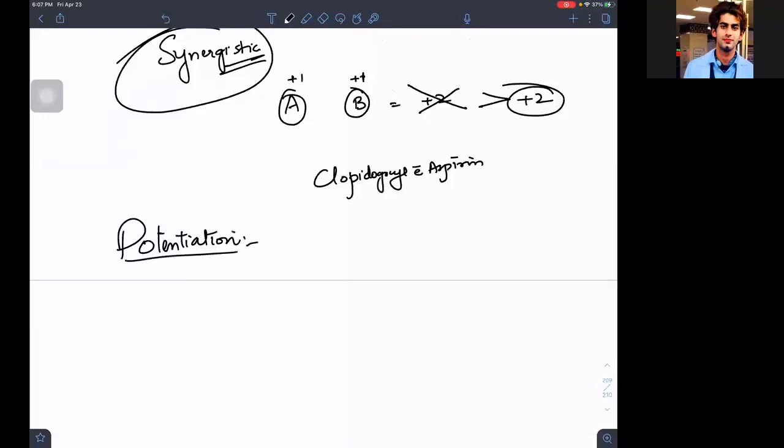Potentiation means actually synergism, but what is the difference?